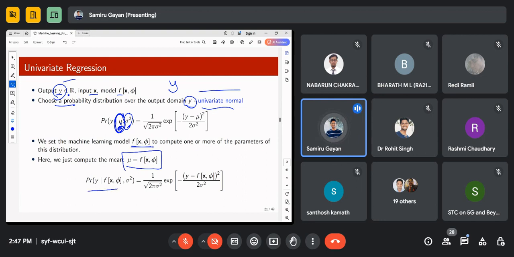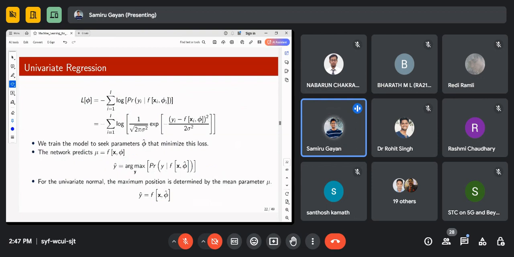Once we have the model, we know the probability distribution. This part comes from mu, and you can simply substitute that in and find the loss function, and it comes down to this expression. Finally, once all is done, we'll have a set of parameters. Now, using those parameters, we have found mu, but we need to come back to y. That's our objective. We don't need mu, what we need is y.